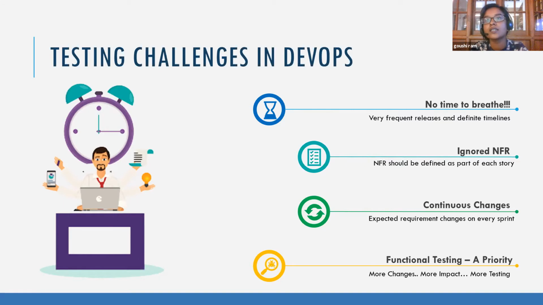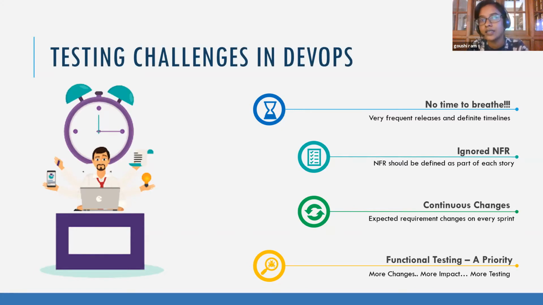So this triggers a number of regression and retesting that needs to be executed. Especially we know that even a small change in the code can trigger a complete regression cycle. So with these continuous changes, there is a relatively high number of regression retesting that needs to be executed.